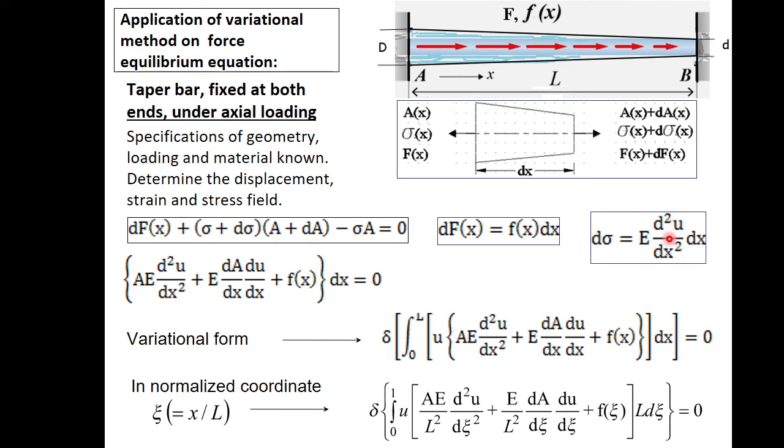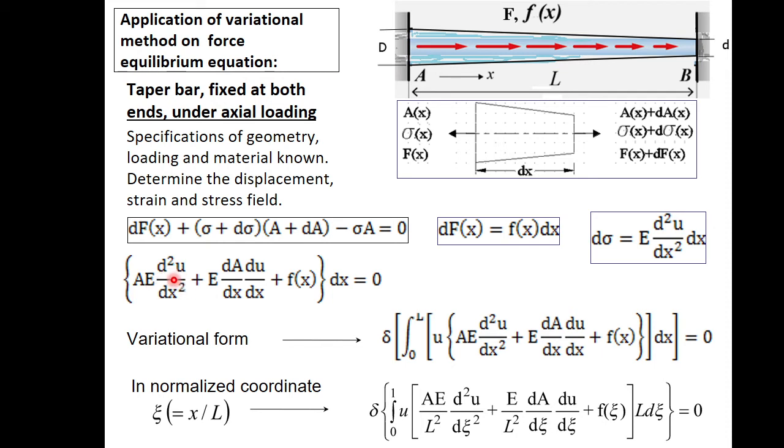Epsilon is du by dx. And this d epsilon by dx is equal to E into d2u by dx2, so d epsilon is this quantity into dx. That is what is written here as sigma into A. We are getting this term.